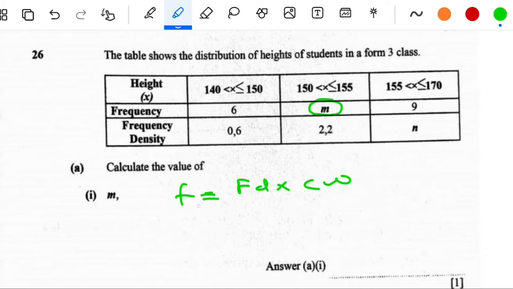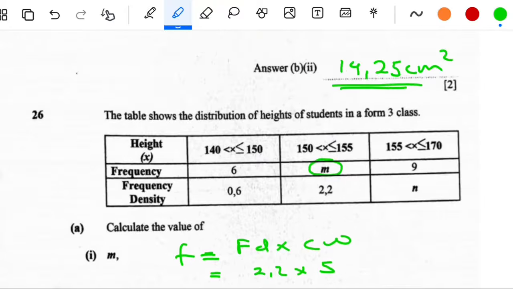So this is going to be 2.2 times our class width. There is 155 minus 150, which is going to give us 5. Then multiplying that, I'm going to do it on the side, and it's going to give me 11 as my answer.